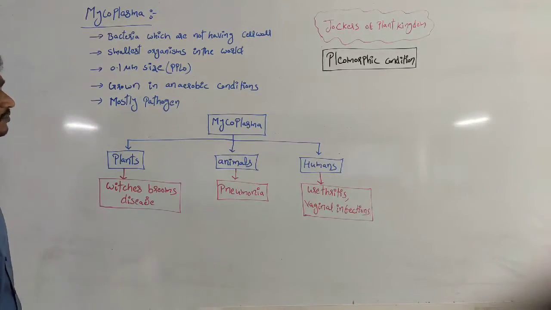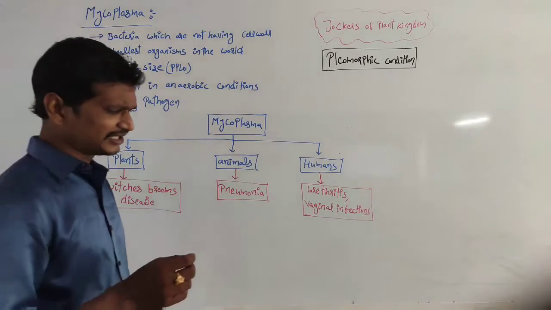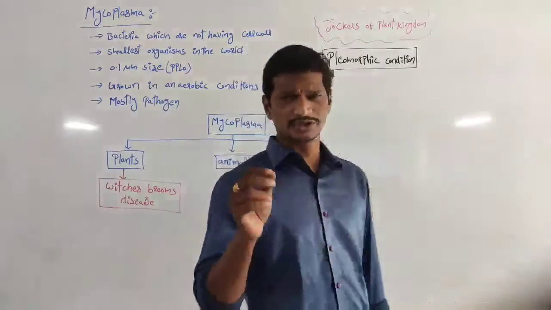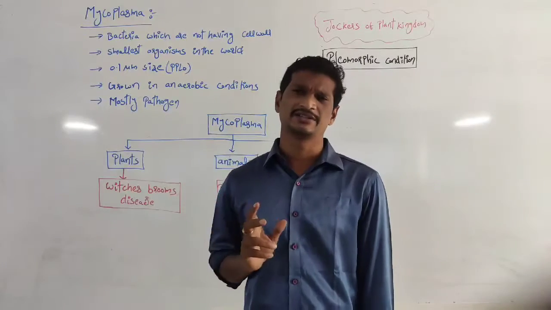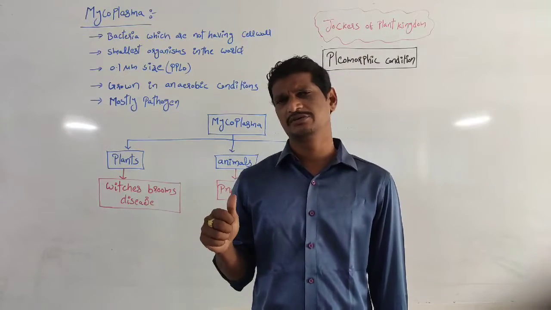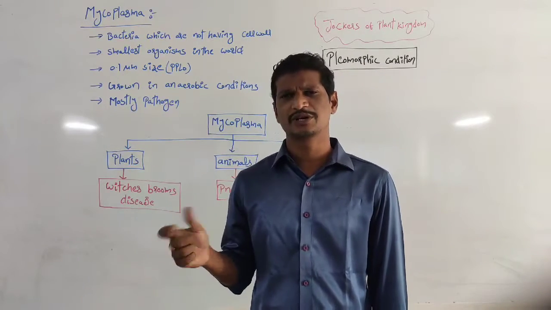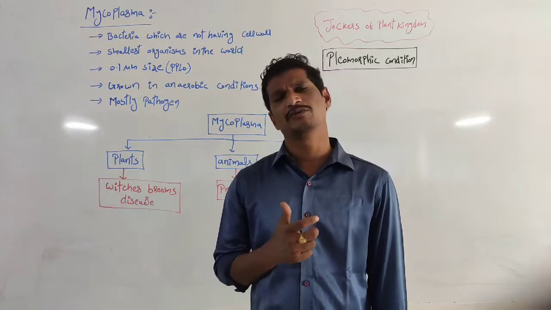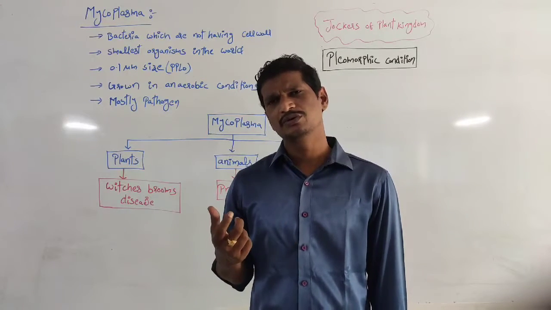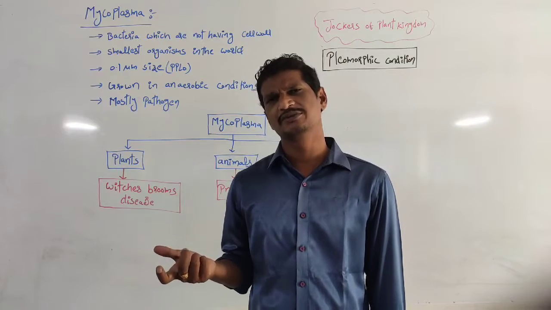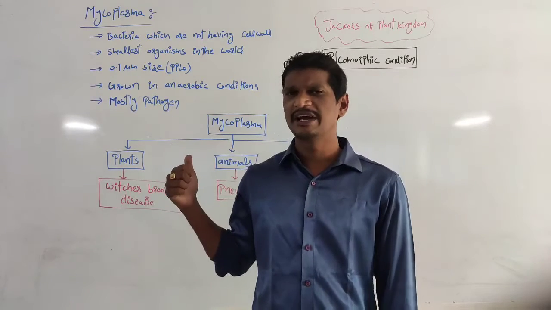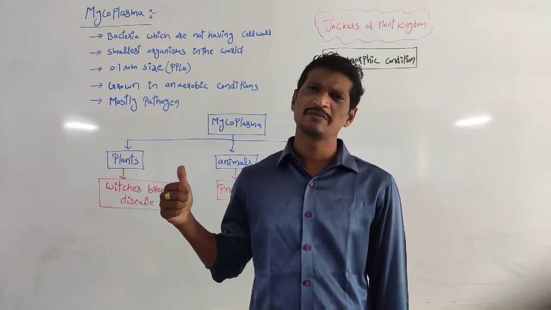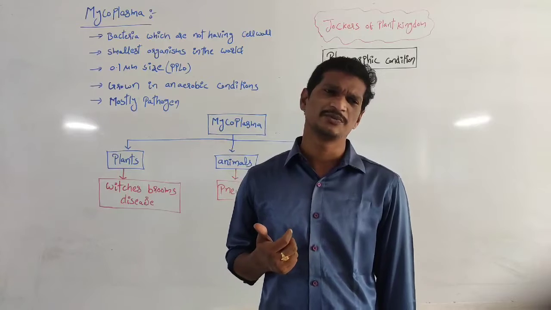So here, the mycoplasma are bacteria very strange from all the remaining bacteria, because these bacteria do not have cell walls. Remember, we know animal cells do not have a cell wall, and mycoplasma bacteria also do not have a cell wall.